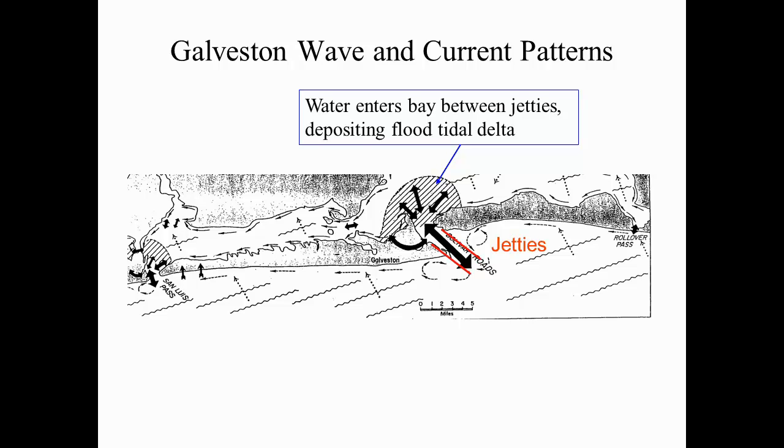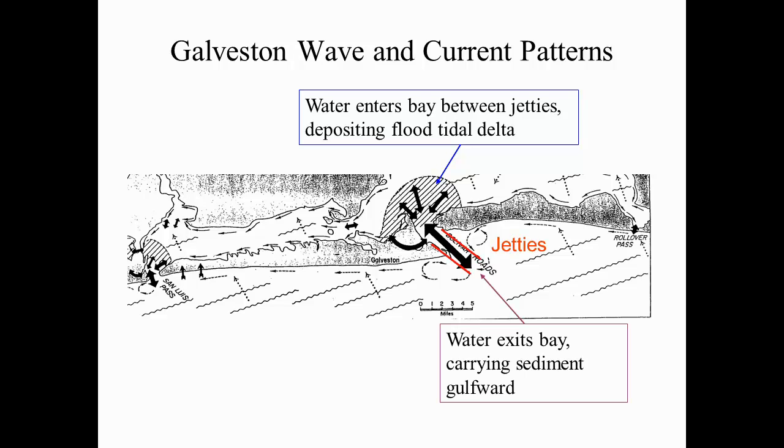Now, in this particular location, water enters the bay between the jetties, depositing a flood tidal delta in the process. The waters can enter the bay, for example, during high tide, but more likely at this particular location, wind patterns, particularly strong winds blowing inland from the Gulf, are probably more influential in pushing water into the bay area itself.